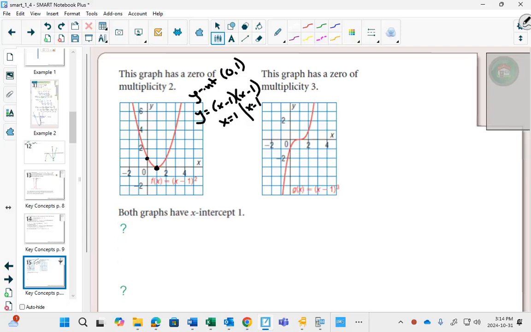And we're going to use the word multiplicity for this. That x-intercept has a multiplicity of 2 because in the equation it shows up twice.